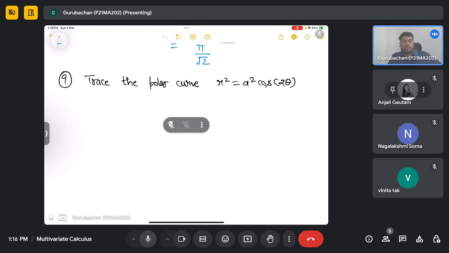Did anyone get any answer for this? Or how to approach this particular one? So we need to first check the symmetry of the curve, along theta equal to 0. How can one check the symmetry of this particular curve along theta equal to 0?